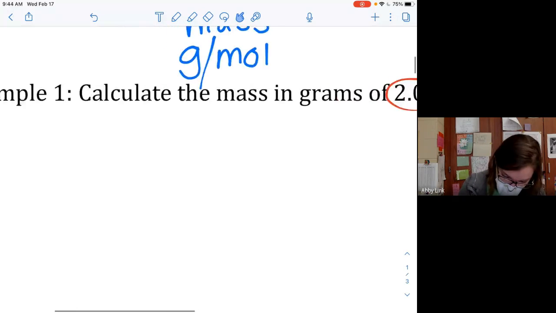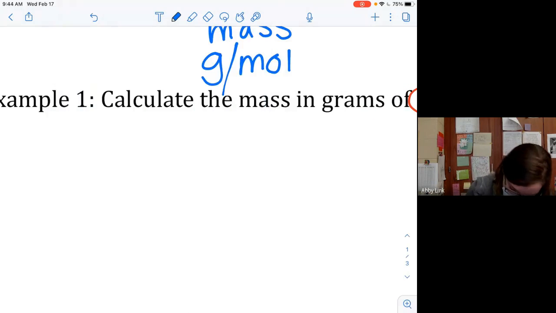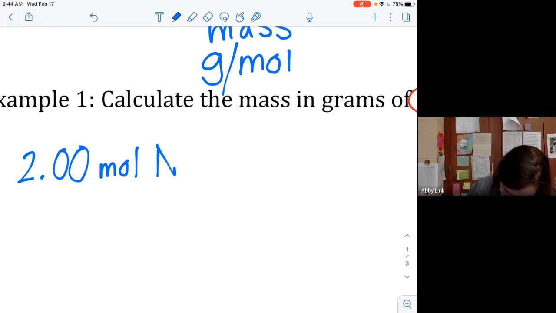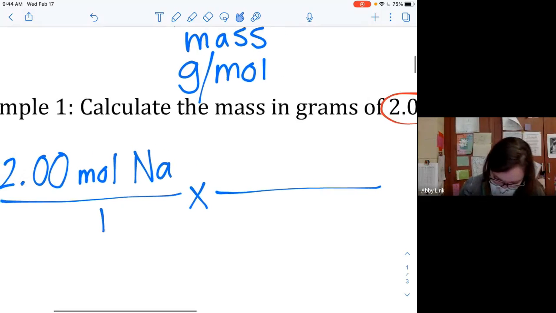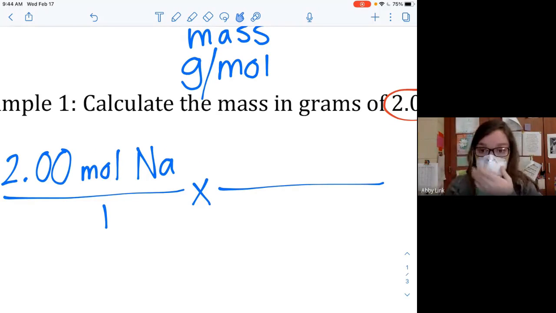We're going to start with 2.00 moles Na, sodium is the symbol for sodium, over 1. I'm going to draw my multiplication symbol, and I'm going to draw my line. Now, if I'm calling back to last week when we did dimensional analysis, what unit needs to go in the denominator here?